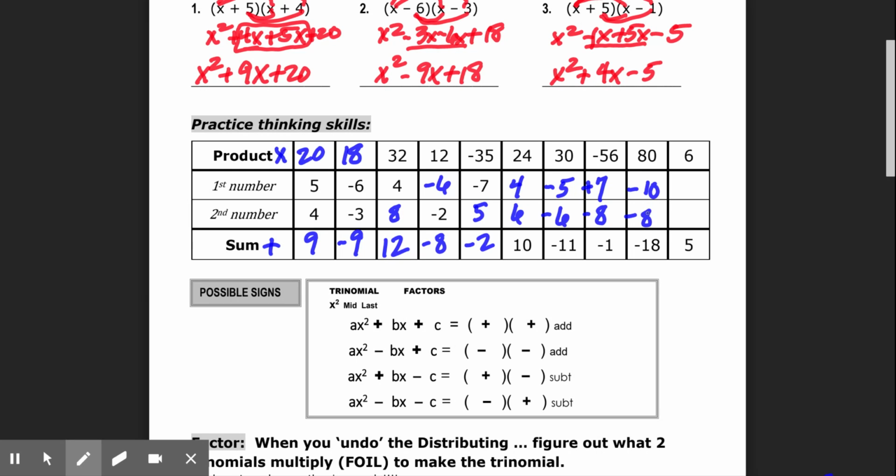And then on this one, you have a positive 6 and a positive 5. So both numbers are going to be positive. Factors of 6 that add up to 5 would be 2 and 3. Anyways, that's just a little practice for what we're fixing to get into.